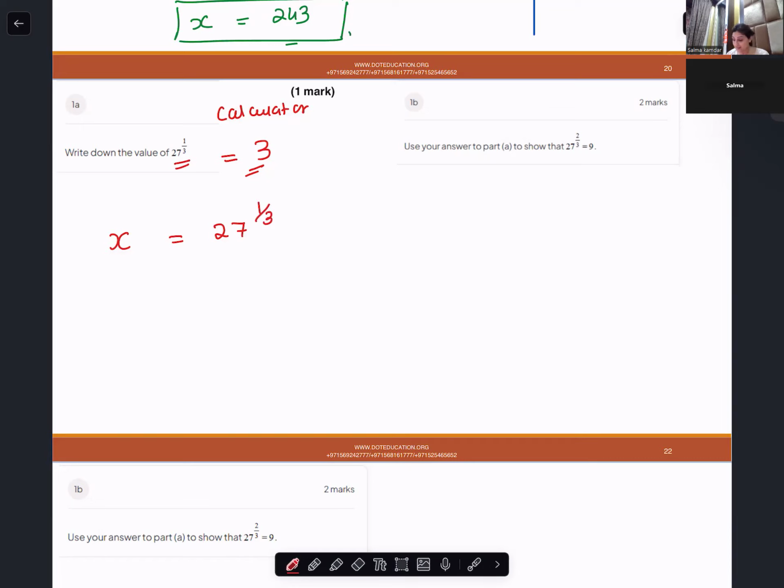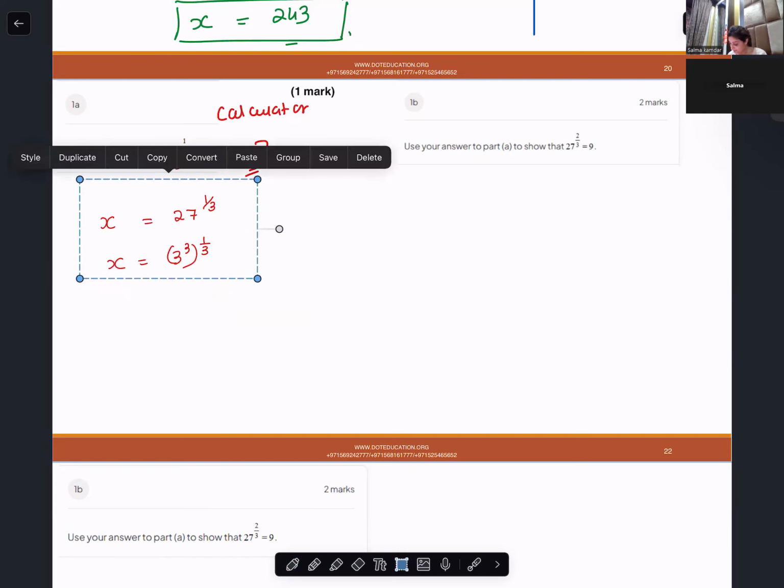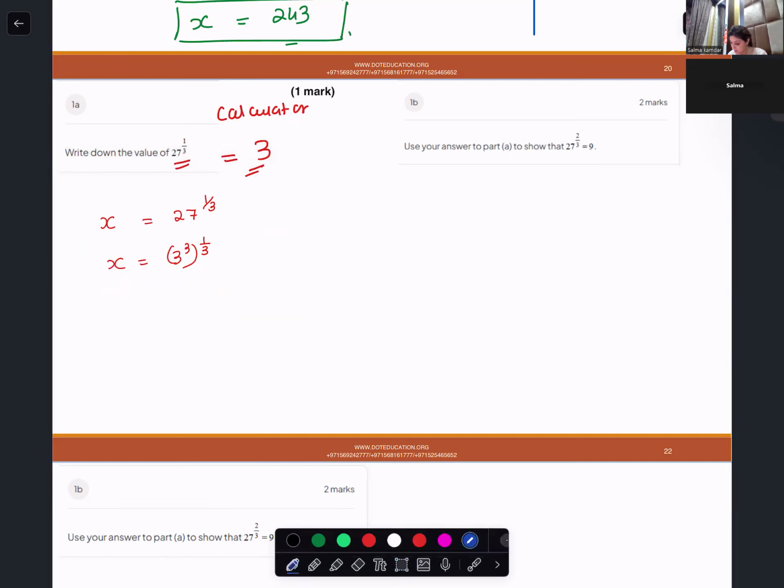If I say x is equal to 27 raised to 1 by 3, that means you can write x is equal to 27, which is nothing but 3 cube, raised to 1 by 3. If I'm writing this as 3 cube raised to 1 by 3, it becomes what? This is a raised to m, whole raised to n.